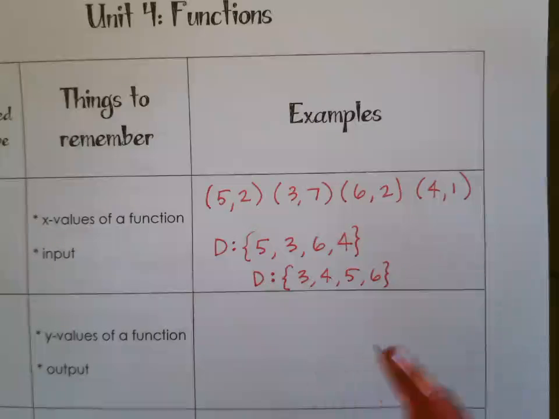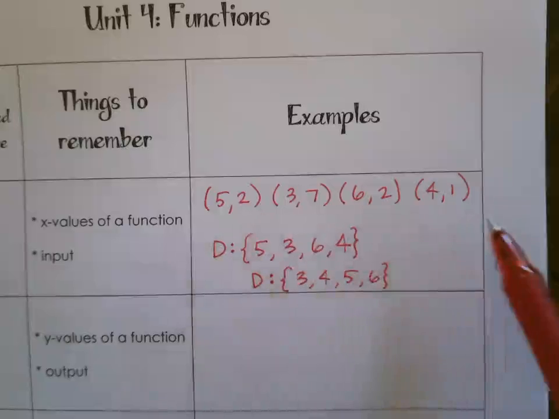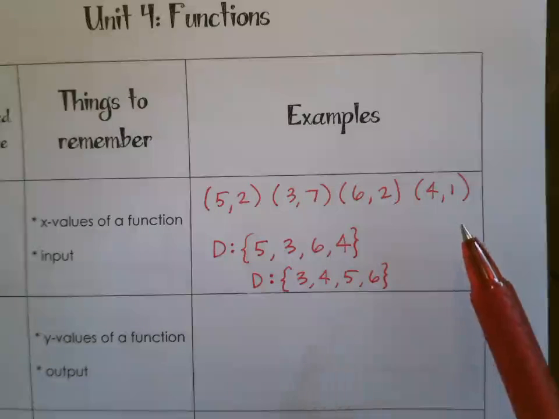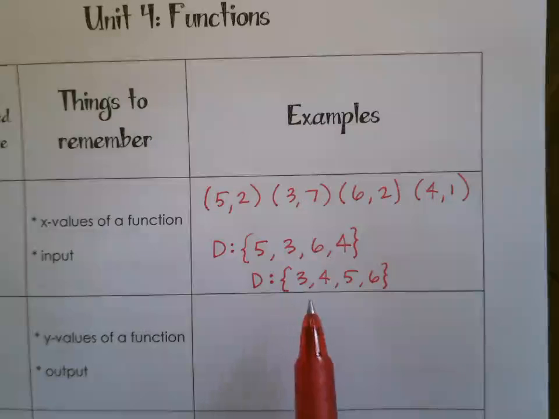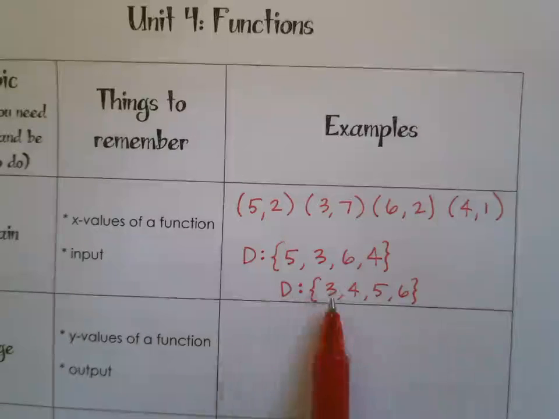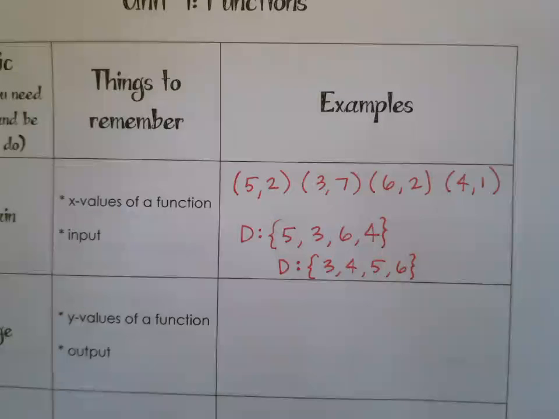Now, you might be saying, well, can't I just say it's 3 through 6? But here's the issue. There's a whole lot of numbers between 3 and 6, and that's not what's happening up here. We don't have any fractions or decimals in our domain on these points. So we wouldn't say the domain is 3 through 6, because that would imply that every single number between 3 and 6 is included in our set of points, and that would not be true. So we do list them separately with commas in between.